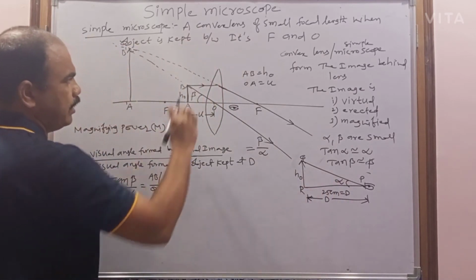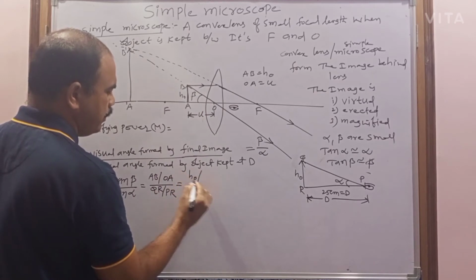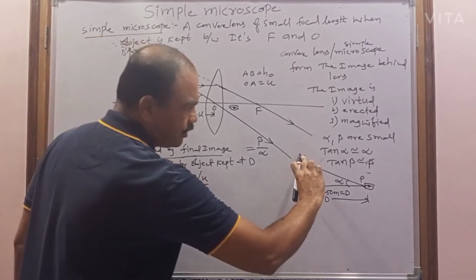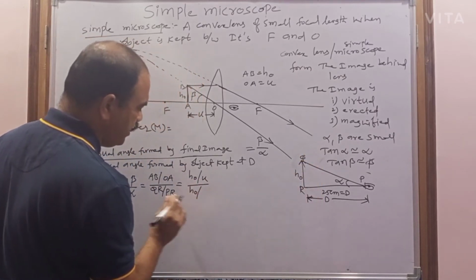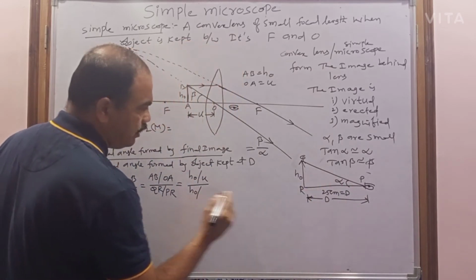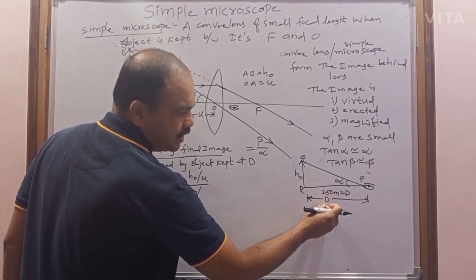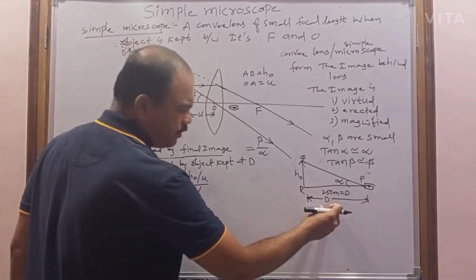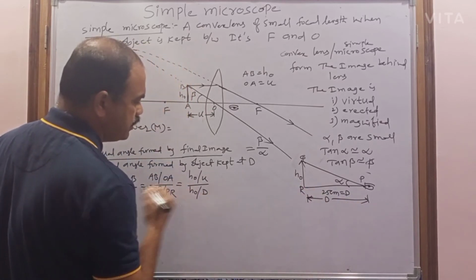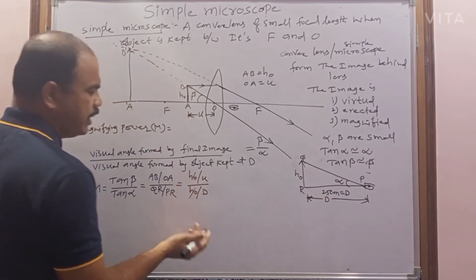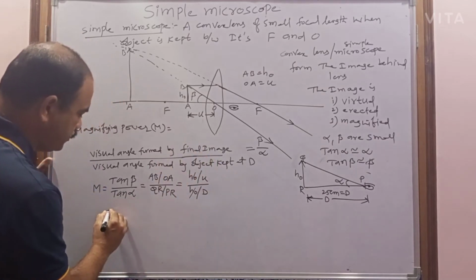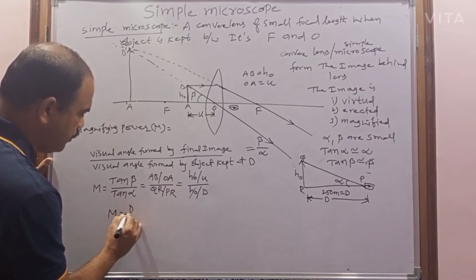But tan beta is AB by OA, where AB is H naught and OA is U. In the same way, QR is nothing but the height of the object, H naught, by PR, which is nothing but the distance when the object is kept at 25 centimeter, that is D, the near point distance. So here H naught will be cancelled, so that U comes to the denominator and D goes to the numerator. That's why M is equal to D by U.